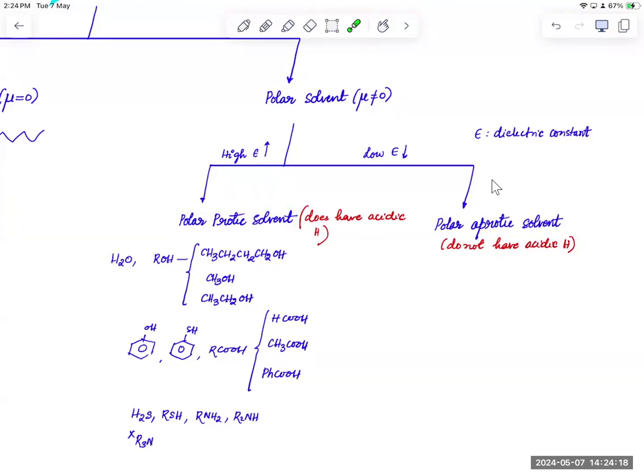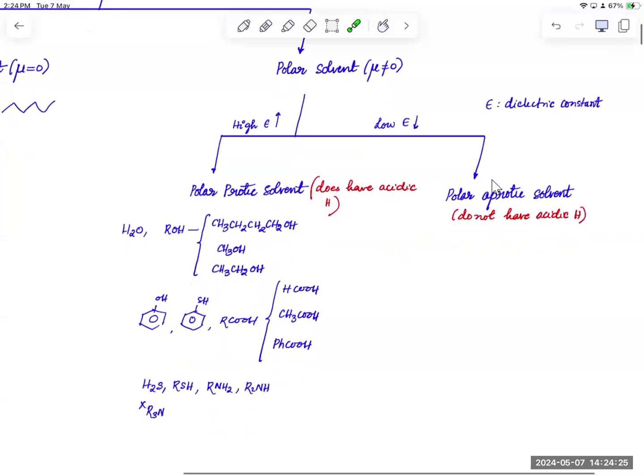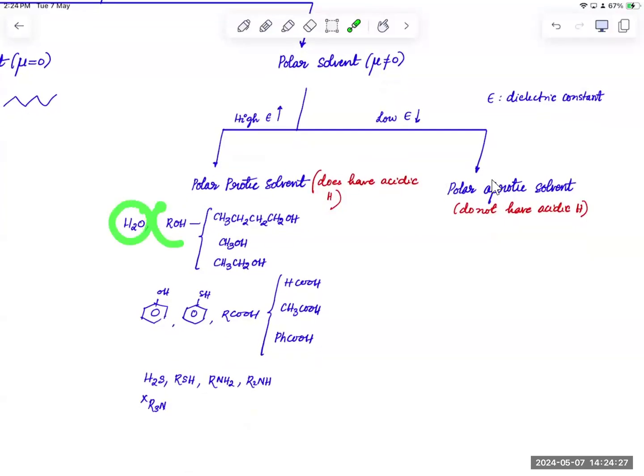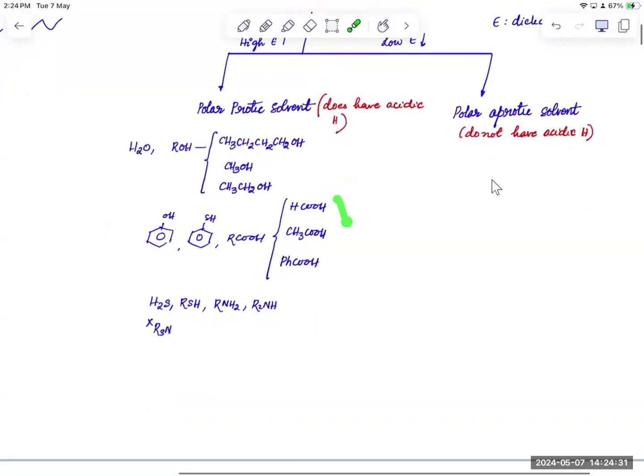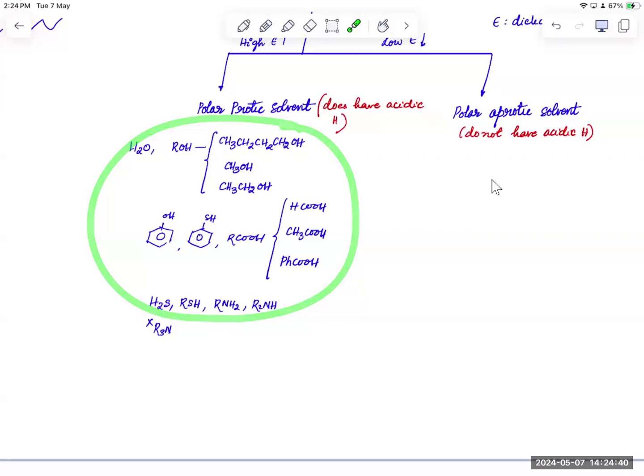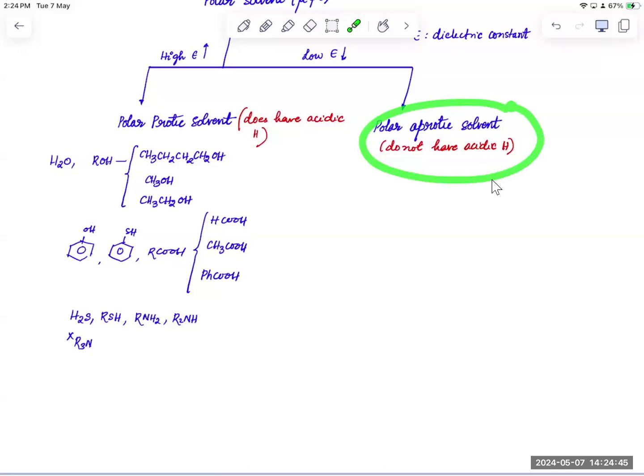Polar protic implies that they have hydrogen which is highly charged. It has a high delta positive charge. Like for example, in water, H2O, alcohol, these are high delta positive charges. Same is the case with all of them. And you see H2S, RSH, NH2, R2NH. These are all those polar solvents which will have a high delta positive charge on hydrogen. And then we have polar aprotic solvent. These are polar by nature, but they do not have an acidic hydrogen.